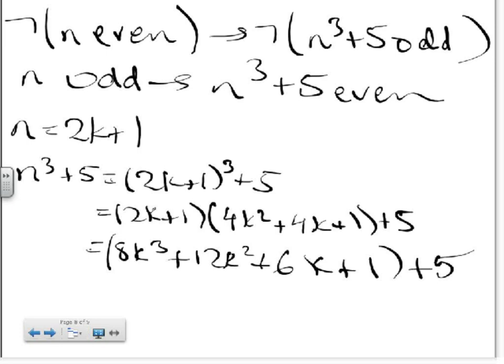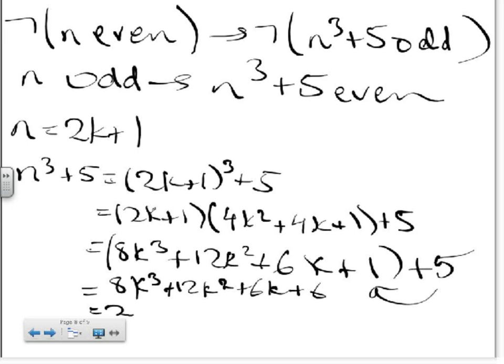Alright, so we can write this then as 8k cubed plus 12k squared plus 6k plus 6, because we're just adding on the 5. And then we can factor out a 2: 2 times (4k cubed plus 6k squared plus 3k plus 3).